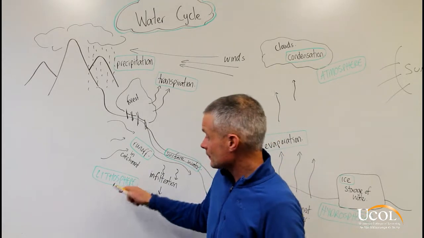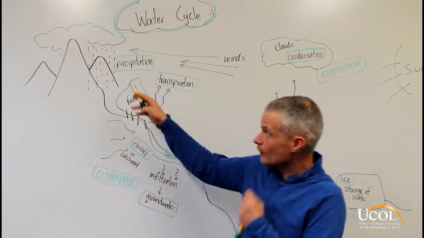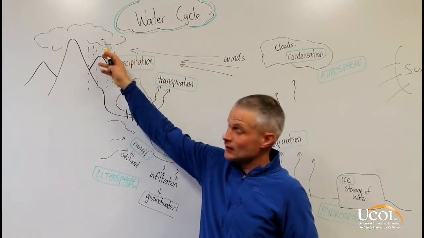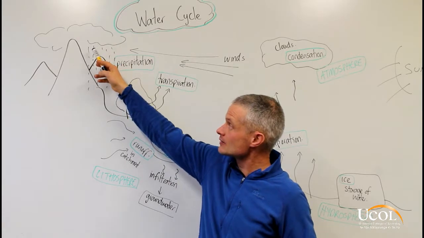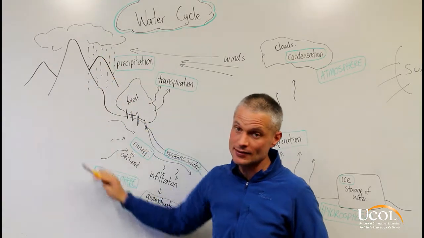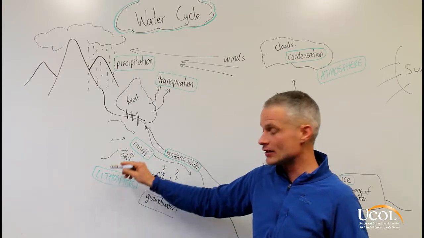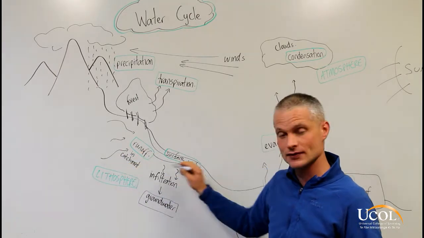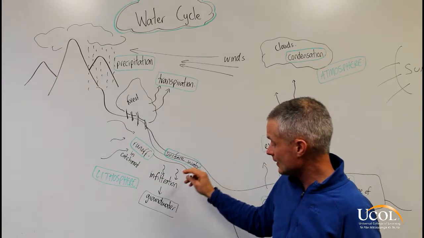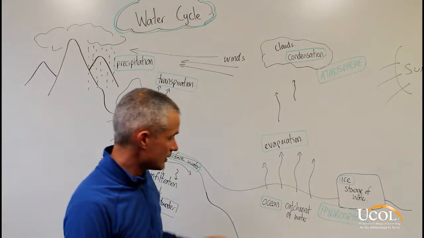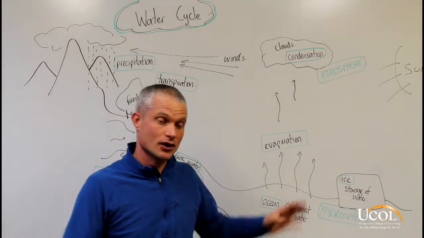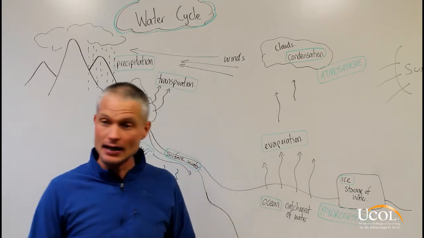So that's the lithosphere, so that's the movement of water from the atmosphere as clouds, and as it rains it's entering into the lithosphere as it rains on the catchment. And then eventually the water will move through the lithosphere or through the catchment and enter back into the hydrosphere, so back into the ocean, lakes and rivers.